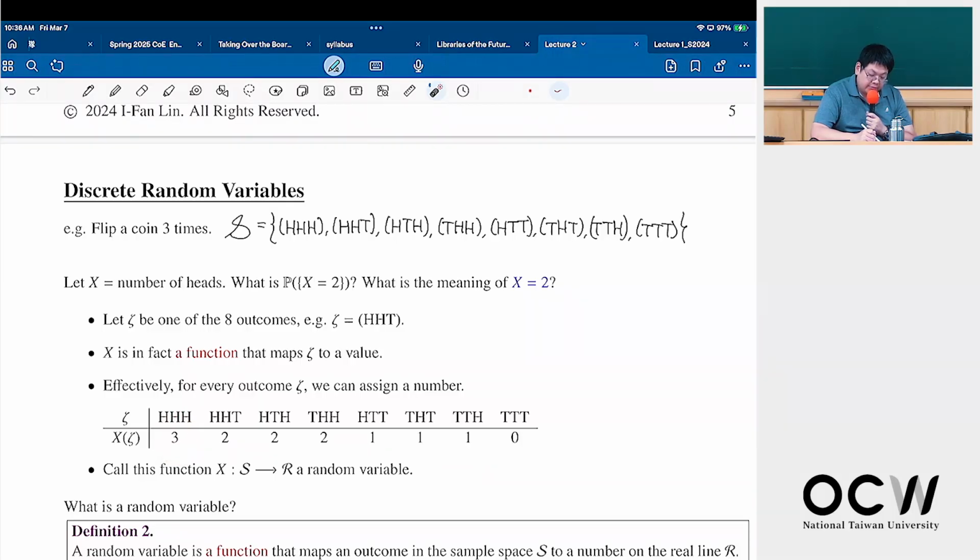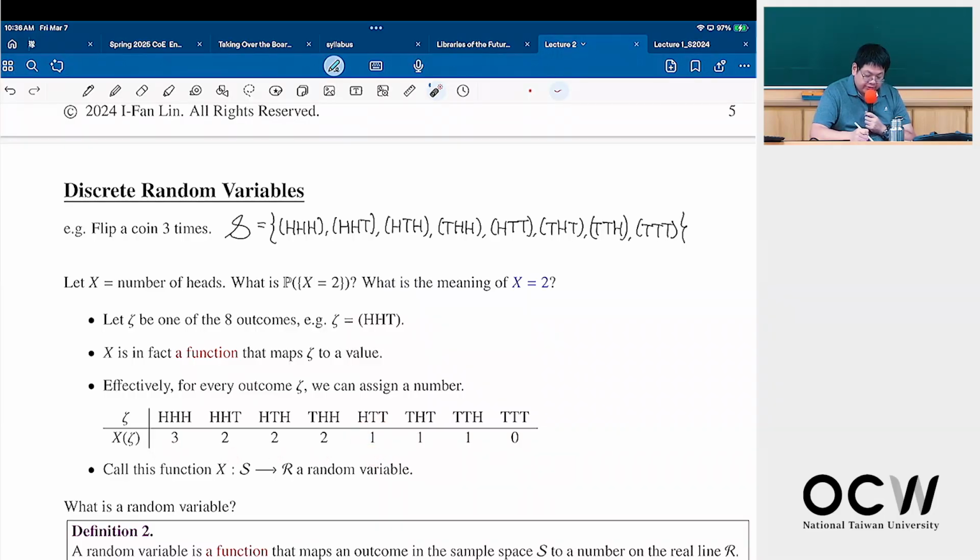If it is 2 heads and 1 tail, then I assign the C, the outcome, one of the 8 outcomes, to number 2. Similarly, for head, tail, head, I assign the C to the number 2. And tail, head, head, also number 2. But if I have head, tail, tail, I only have 1 head, then I assign C to 1. So this C could be different numbers.